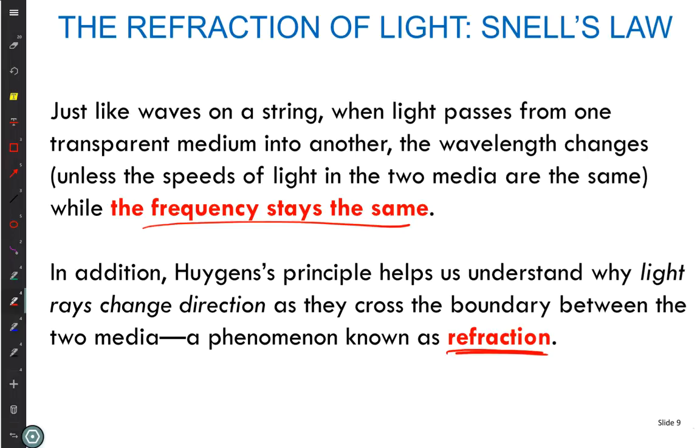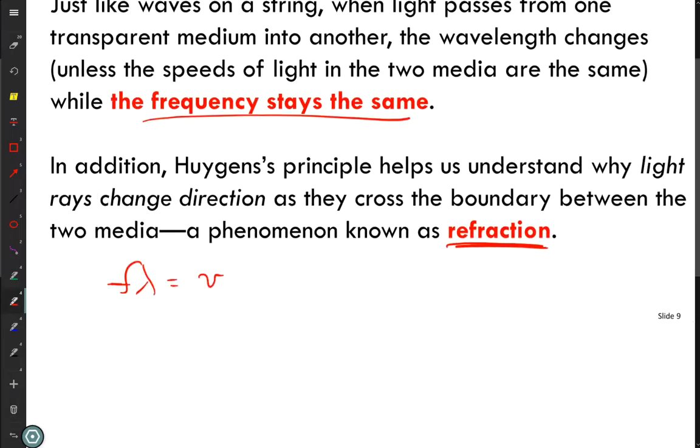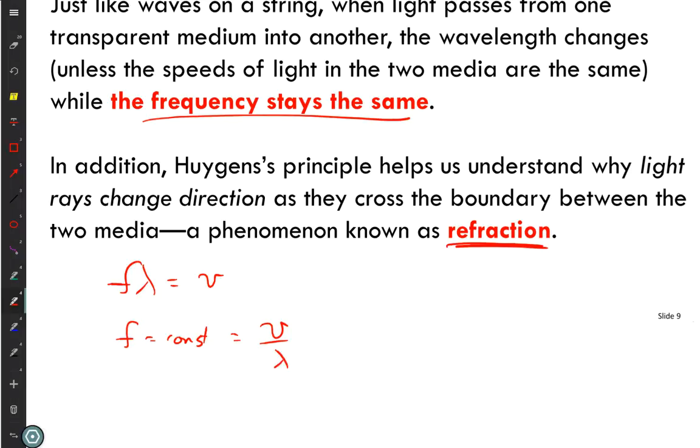The wavelength. Because we know frequency multiplied by wavelength is equal to the speed. And so frequency is the same as the speed over the wavelength. So if the speed goes up, what's going to happen to the wavelength? It's also going to go up.